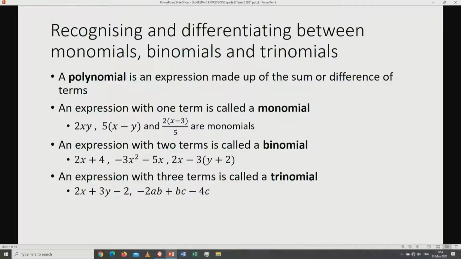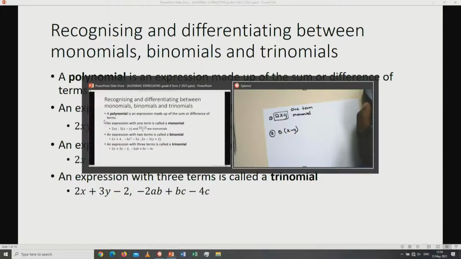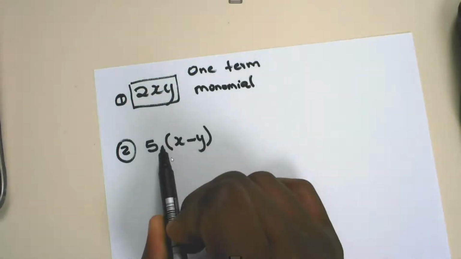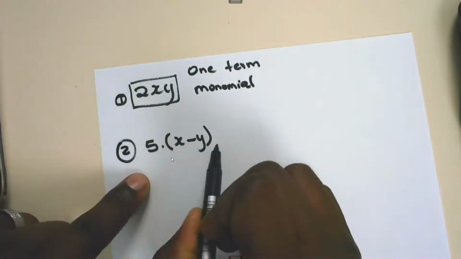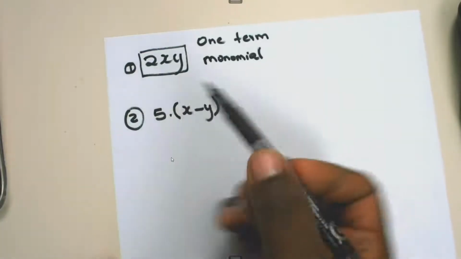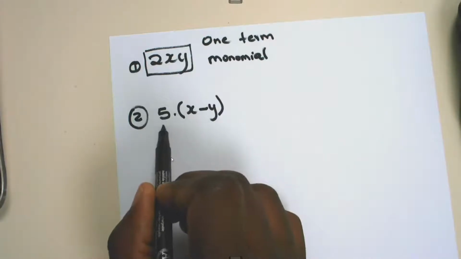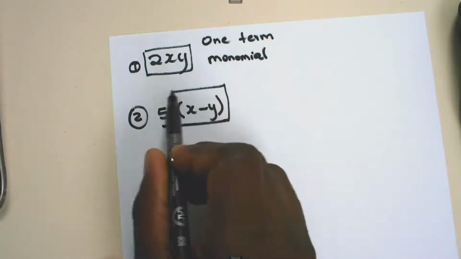The other monomial, be very careful, is written as 5 into x minus y. And you remember what a term is. A term is supposed to have a plus or minus sign between the terms. But in this case, 5 as well as x minus y form the same thing.